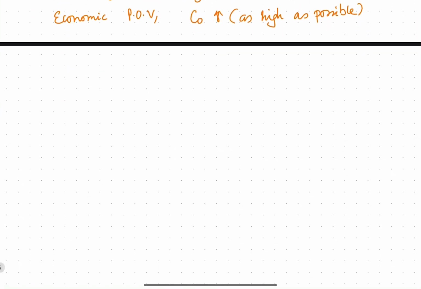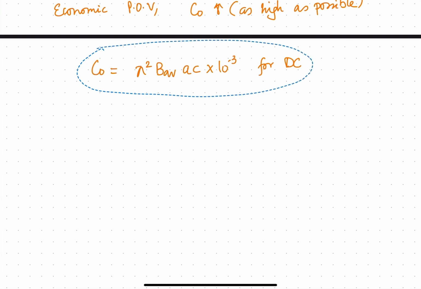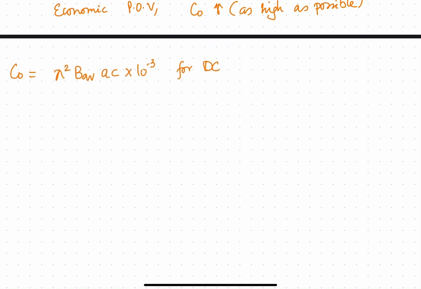So what is this C naught exactly? For DC machines, it is pi square BAV AC into 10 to the power minus 3, and it is 11 times BAV AC into 10 to the power minus 3 for AC.